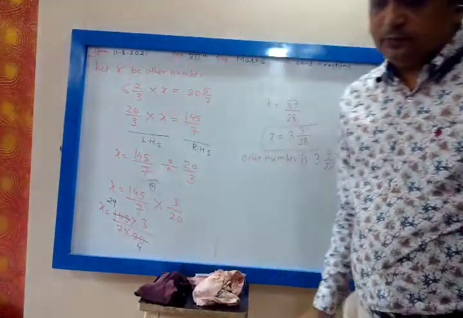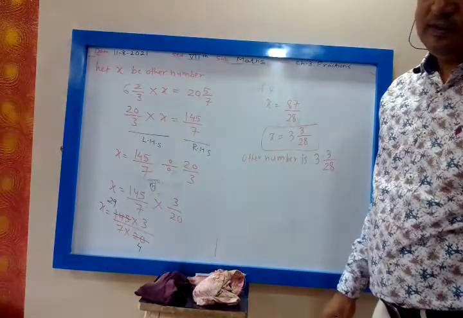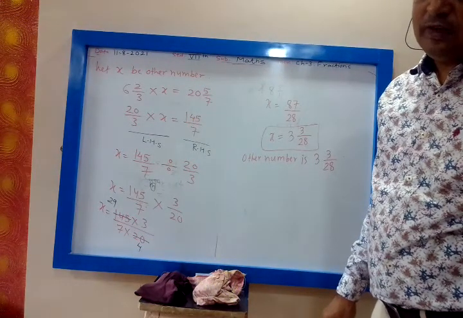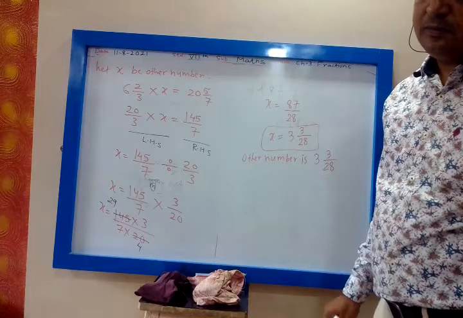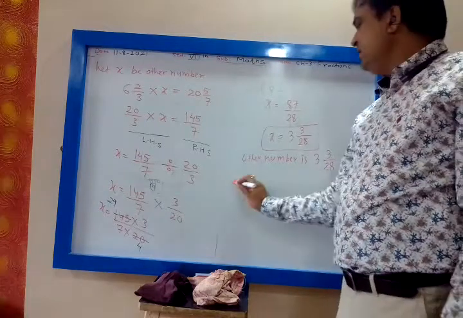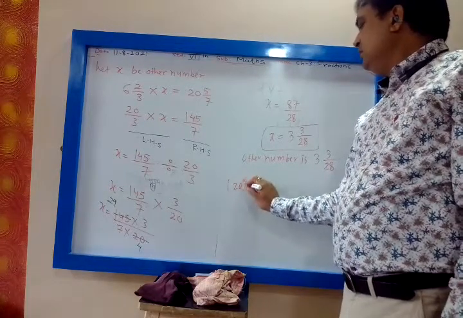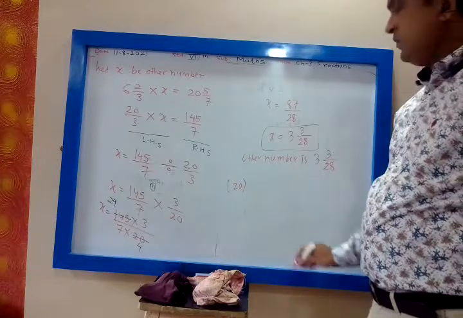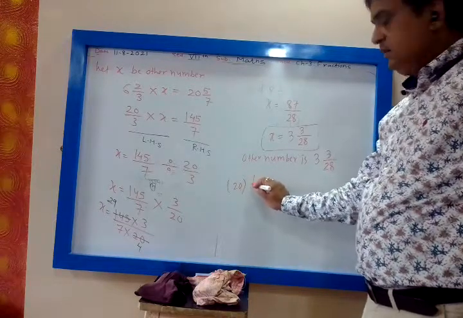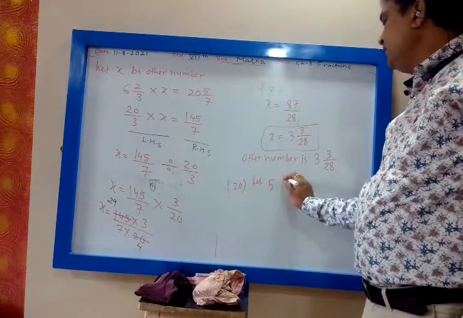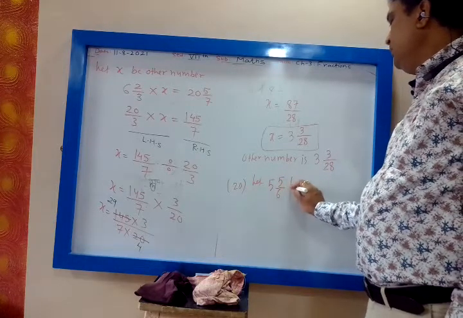Okay, last problem. By what number should 5 is to 5 by 6 be multiplied to get 3 is to 1 by 3? Same question. By what number? So let 5 is to 5 by 6 be multiplied by x.